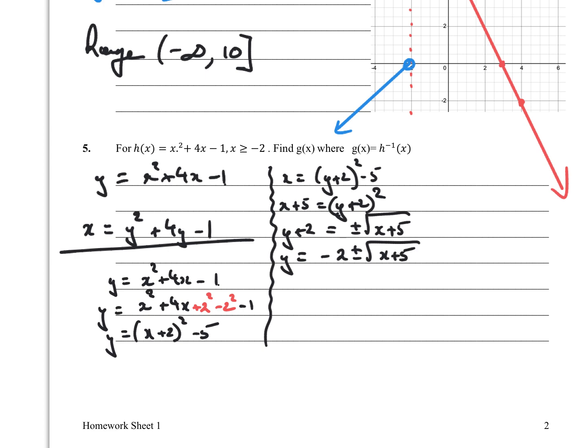Now there should be some information here about the domain, because we shouldn't have the plus or minus there for our function because it won't be a function. So up here we say x has to be greater than -2, which means the range of my inverse function has to be greater than -2.